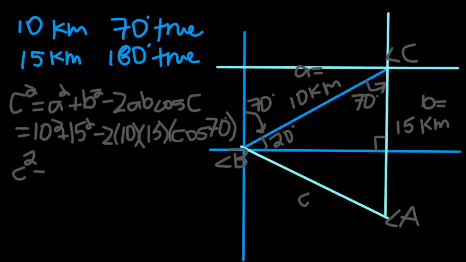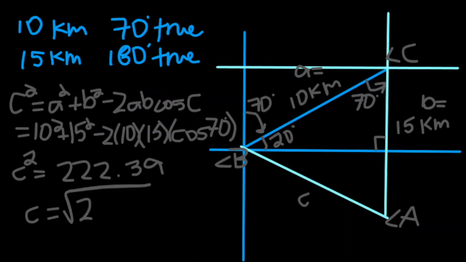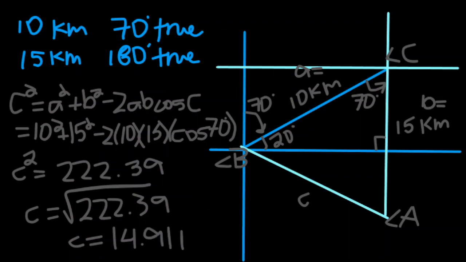This results in C squared equals 222.39 kilometers. And so if you square root that, then you get C, which is equal to 14.91 kilometers. And we can go ahead and label that near side C for future reference.